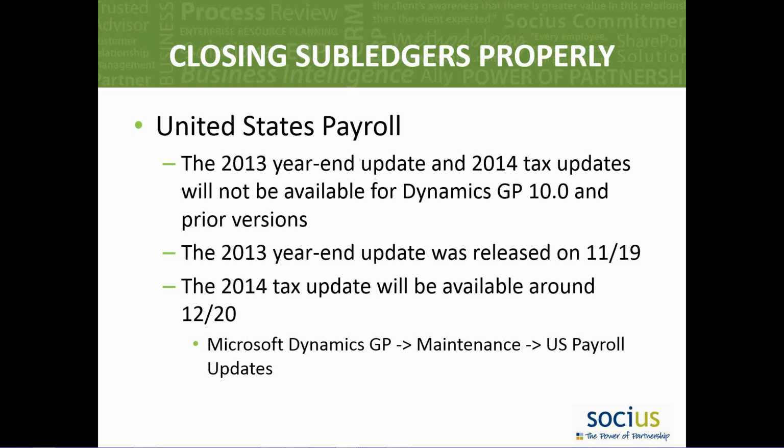Sometimes the year-end update has more effect than others, depending on what changes have been made to forms and so forth. But this year, like I said, there are changes to the 1099 that are included in the year-end update.